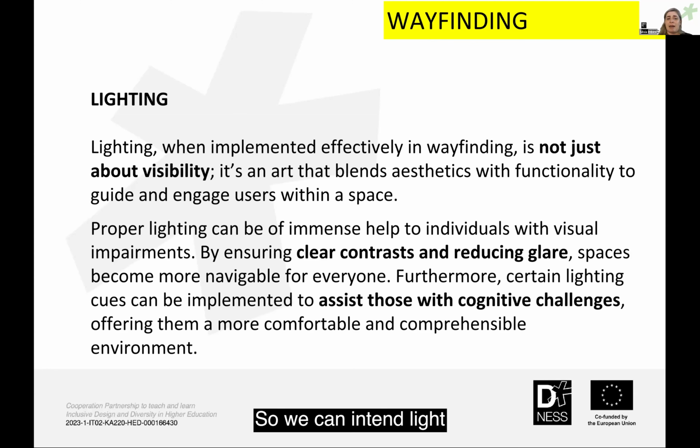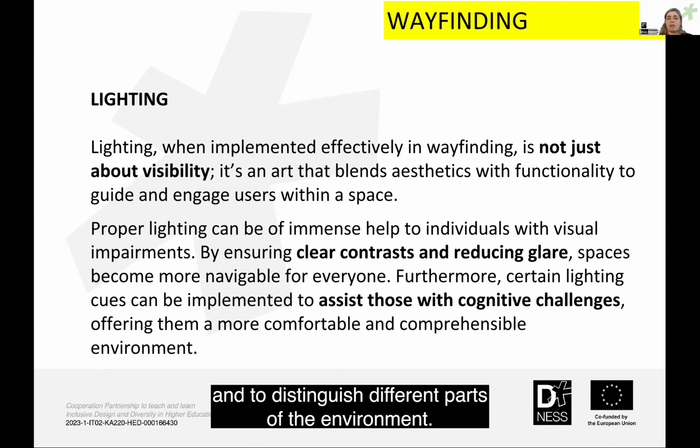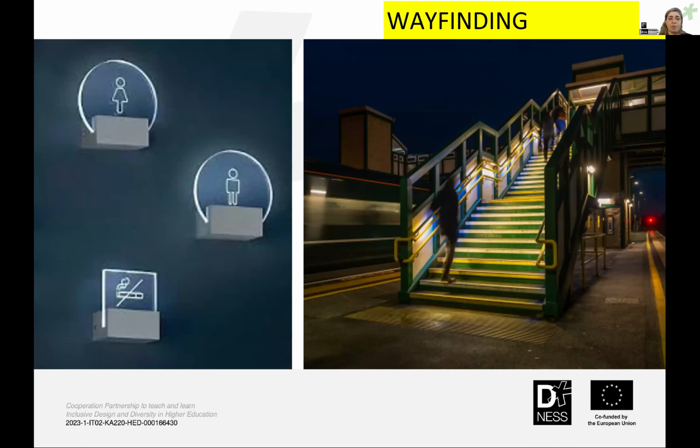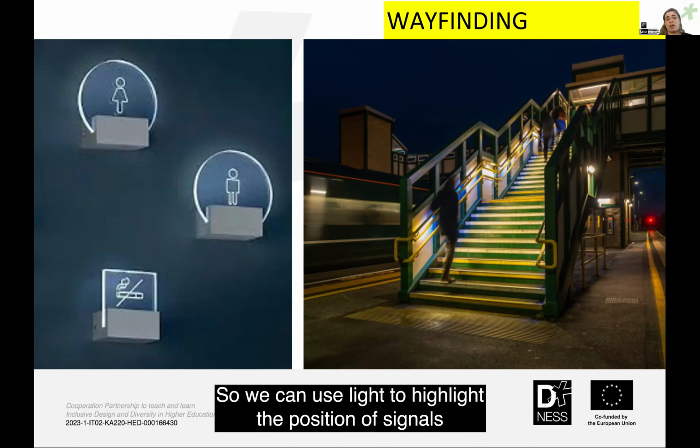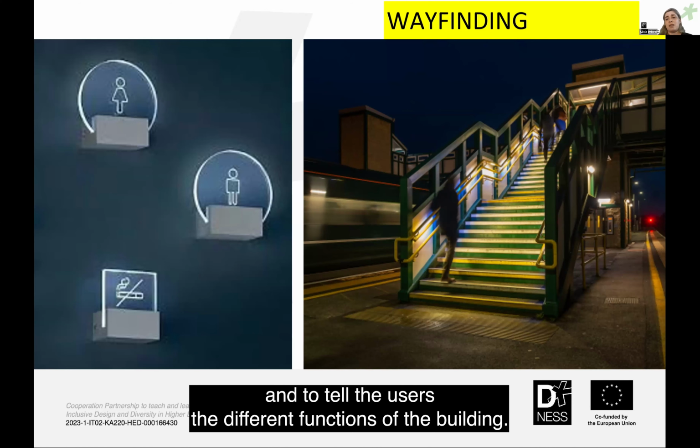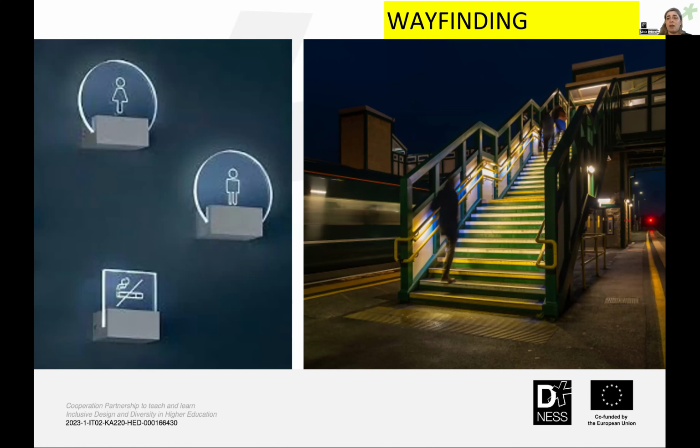So we can intend light not just to give visibility to the place, but to highlight and to distinguish different parts of the environment. Here we have an example. On the left, there are some signals. So we can use light to highlight the position of signals and to tell the users the different functions of the building.